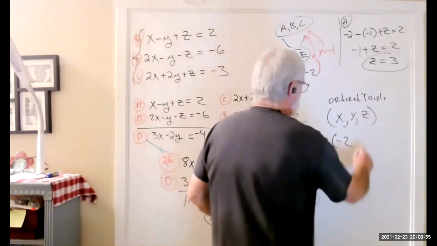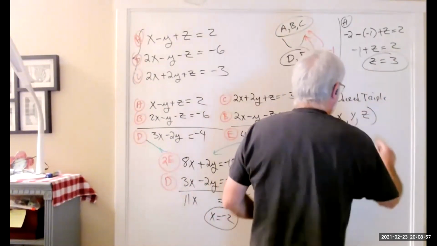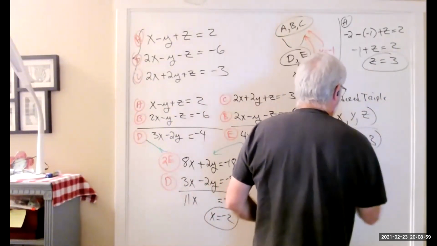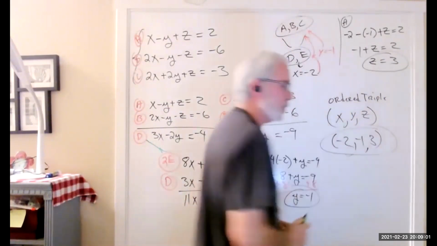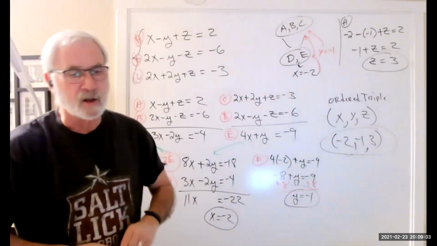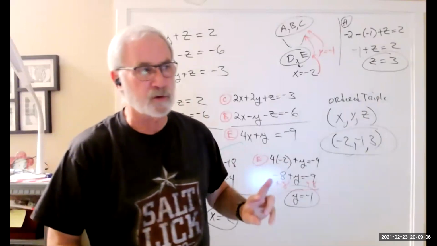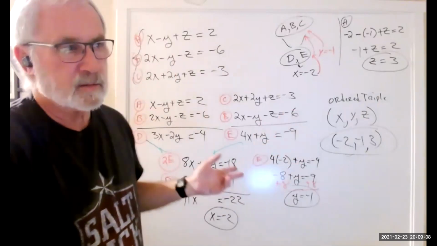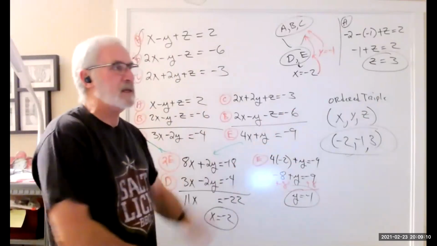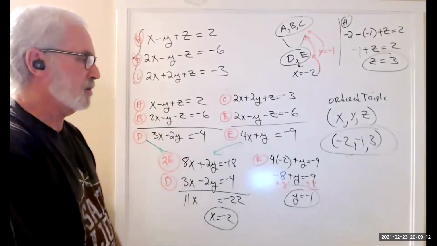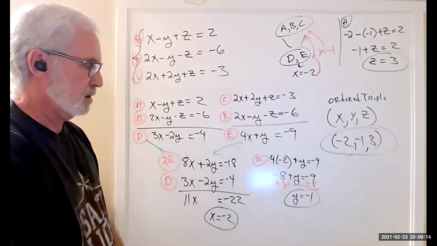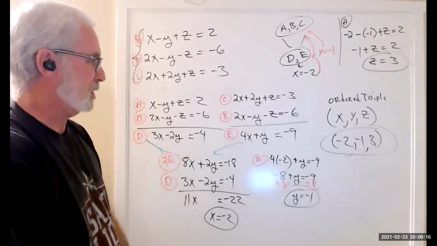Your Y number is second, -1. Your Z number is a 3. So that would be your answer. That's called an ordered triple. It's like an ordered pair, but an ordered pair has 2 numbers. This has 3. And it actually has meaning in 3-dimensional geometry, which I'm not going to get to tonight. It really does make sense.